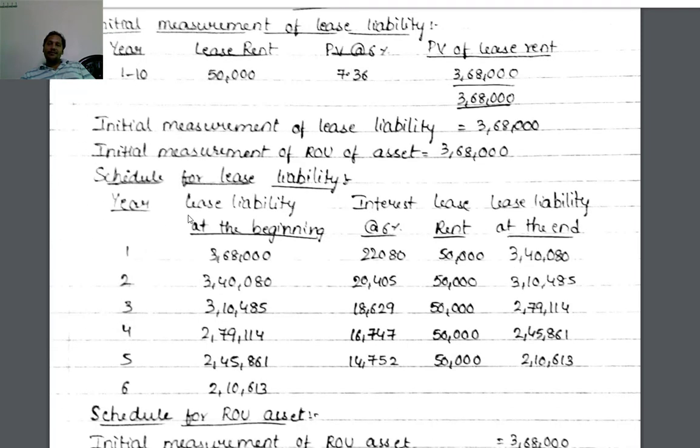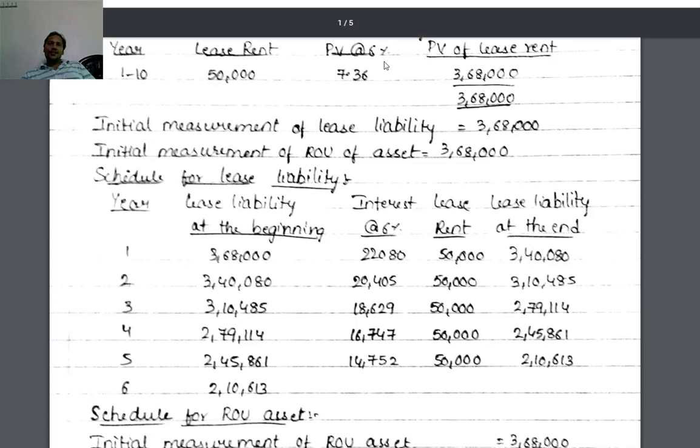5 columns we are taking: year, lease liability at the beginning, interest at 6%, lease rent, lease liability at the end. Year 1, the initial liability starts with 3,68,000.